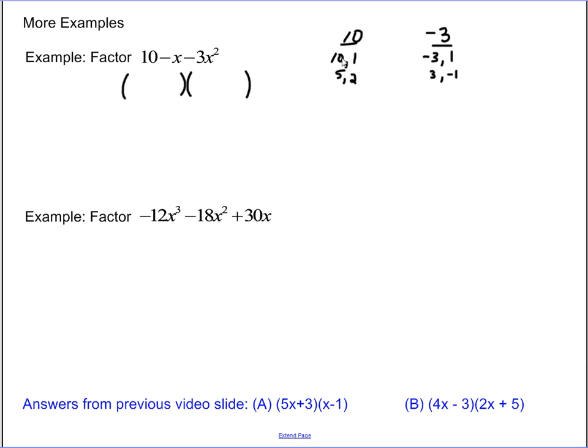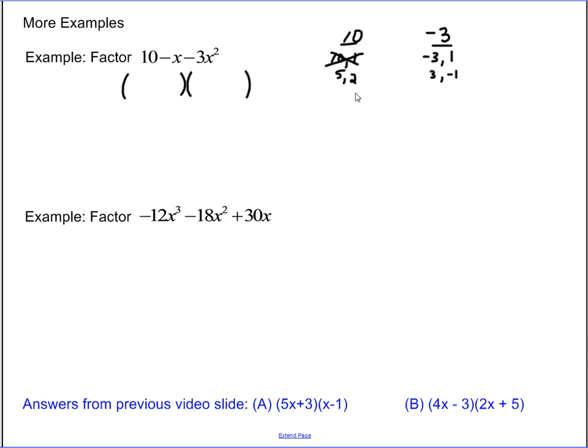Well, we know that if we take 10 times 1 and 1 times -3, no good, because that's going to have a difference of 7. 10 times 3 and 1 times 1 won't work either, because that's like 30 and 1, and that's not even anywhere close to 1x. So I think that we can get rid of this first combination. Let's look at the second one. Well, 5 times 3 I know is 15, and 2 times 1 is 2. 15 and 2 has a difference of 13.